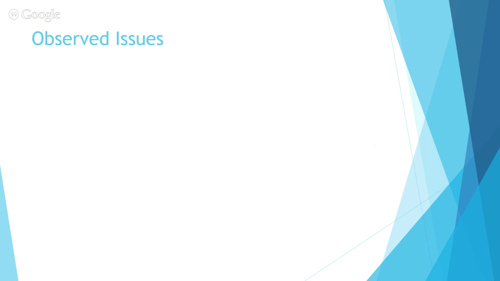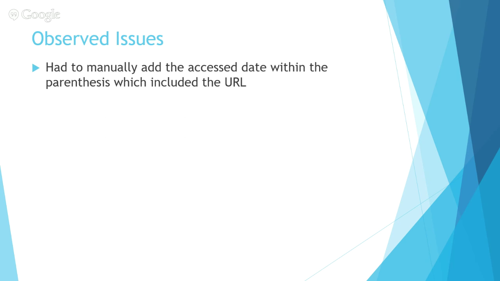The next item that I observed is that I had to manually add the access date within the parentheses that included the URL. I've said that a number of times, but it's something that I have to keep reminding myself, and I suggest that you do.